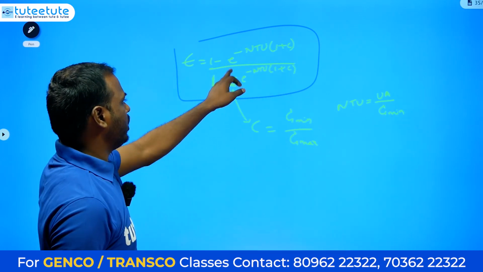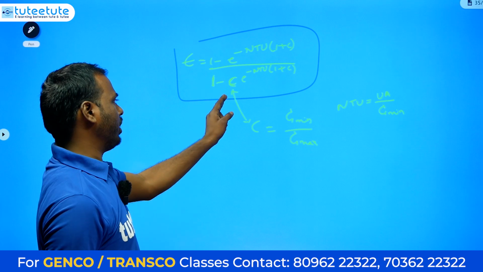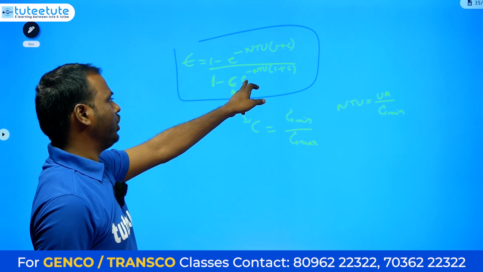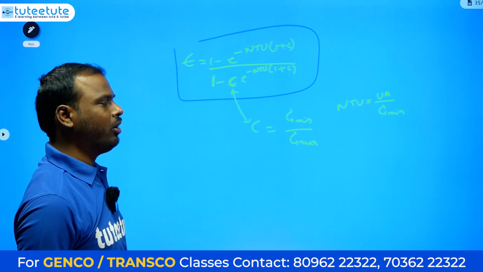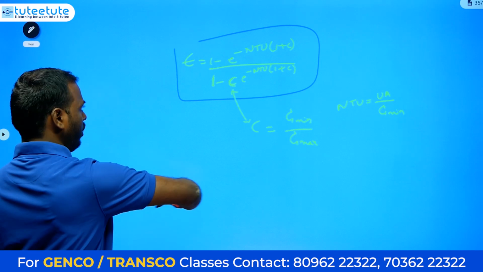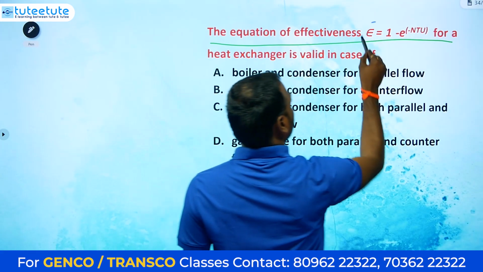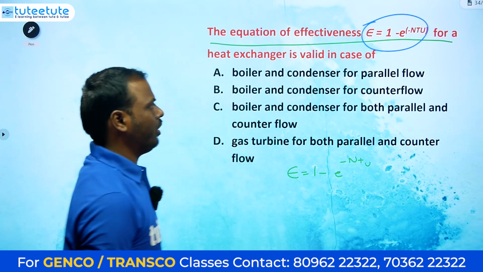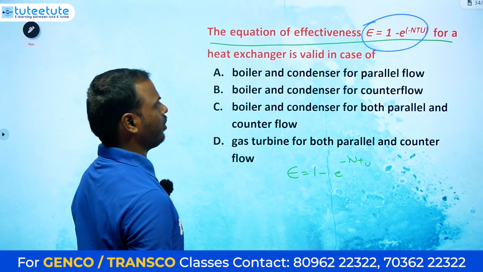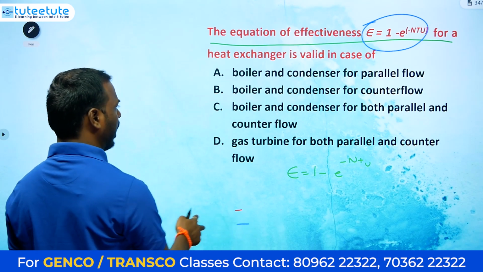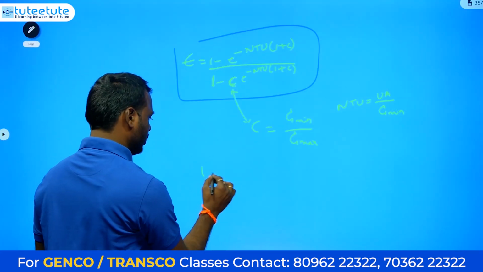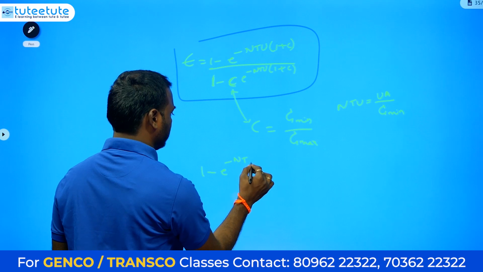This is a generalized equation, but what he is asking is, effectiveness equal to 1 minus e power minus NTU for a heat exchanger is valid. Only 1 minus e power minus NTU he has given.